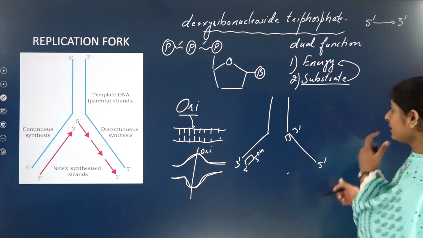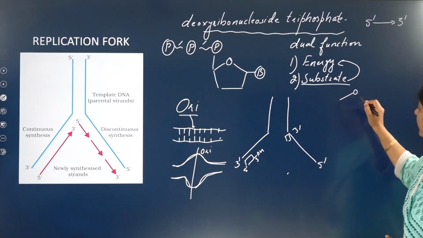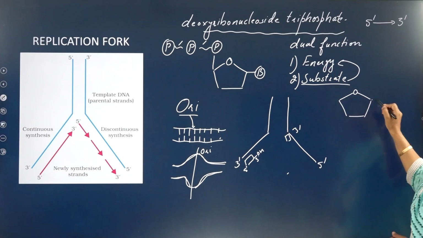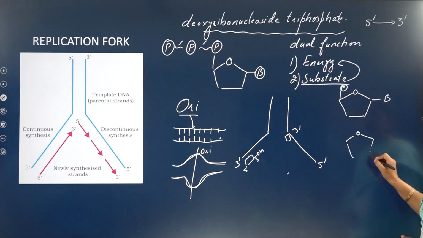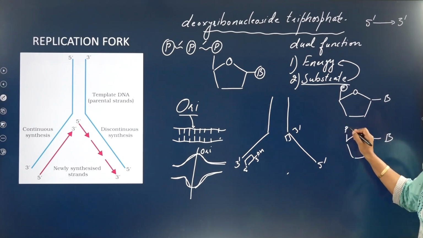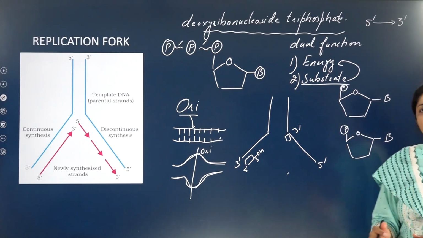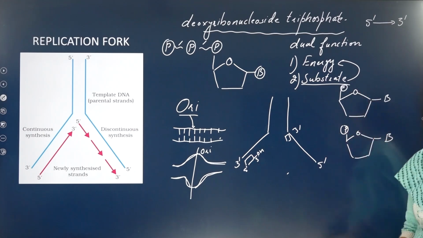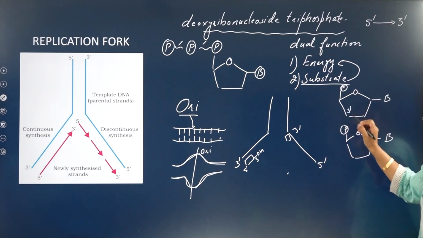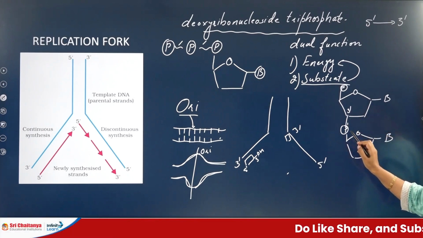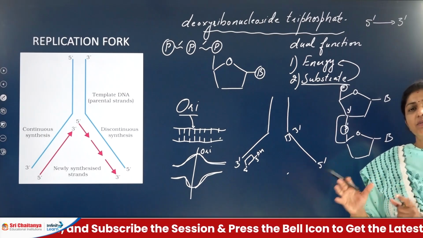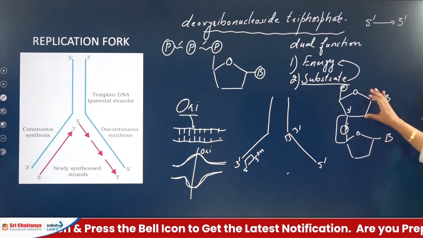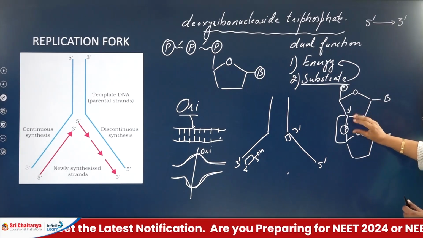Why is the OH group provided? For example, if I am giving you again this structure, this is one nucleotide with its base and the phosphate. This is the next one. This is even having its phosphate, right? Nucleotide to nucleotide, if polymerization is required, you remember at the 3' end there is OH. Here, with the water loss, there is a formation of a phosphoester bond. This is one phosphoester, this is the second phosphoester, this is the diester bond. I repeat this point once again. One nucleotide, second nucleotide, how will they bind with each other?